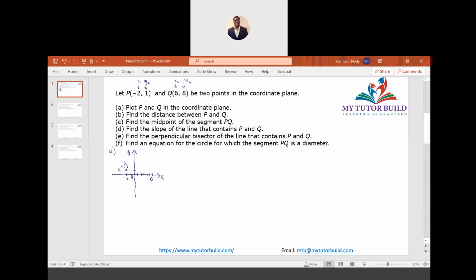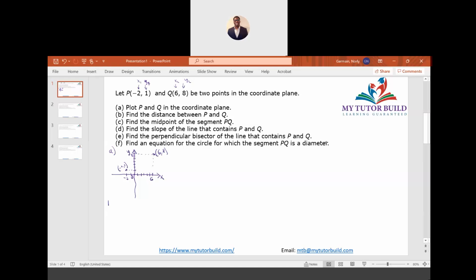And then y is 8, 1, 2, 3, 4, 5, 6, 7, and 8. So Q is in the first quadrant. Now we've answered the first question. They don't ask us to graph, only to plot these 2 points and see in which quadrant they are located.